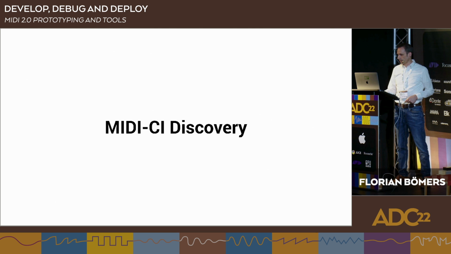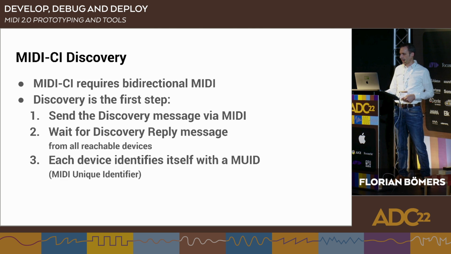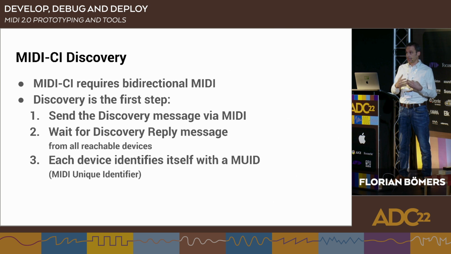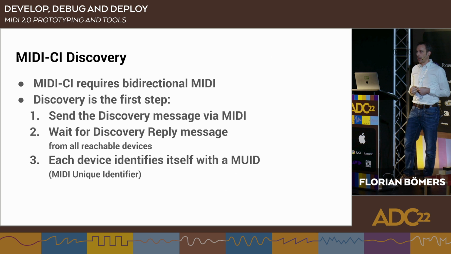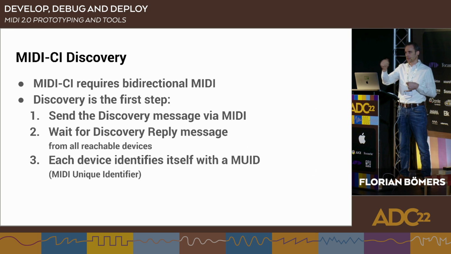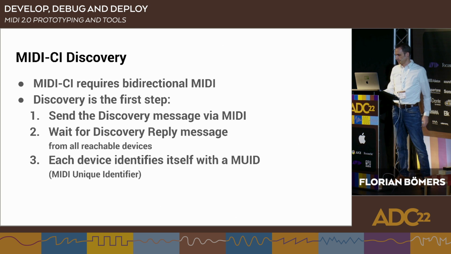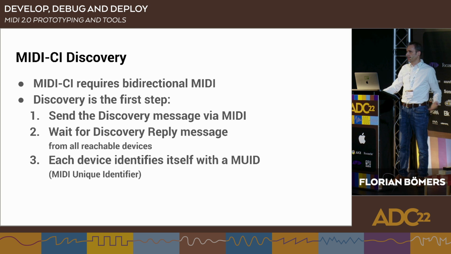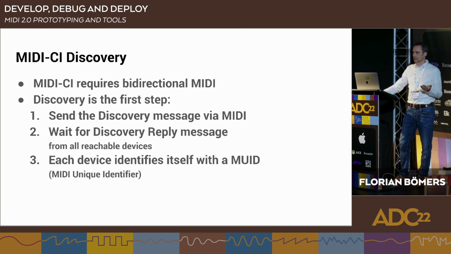So just some quick things about MIDI-CI. The discovery message requires bidirectional MIDI, and that is actually the main new thing about MIDI-CI, that you cannot just send out MIDI and you're done. You first have to negotiate and discover who's out there. To enable MIDI-CI discovery in your implementation, just send a discovery message and wait for the reply.